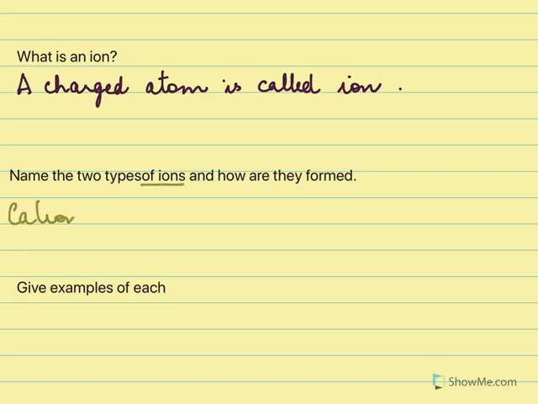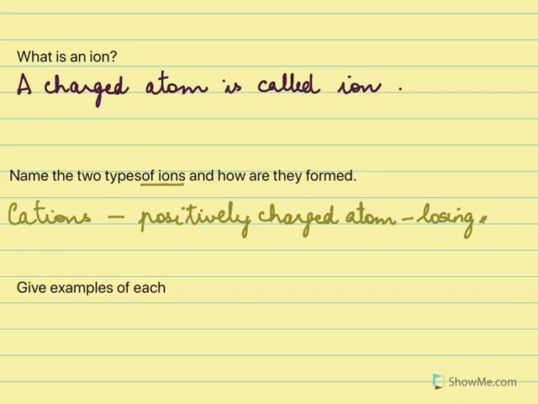We have the cations, which are positively charged atoms, and they are formed on losing electrons. When atoms lose electrons, you get cations.